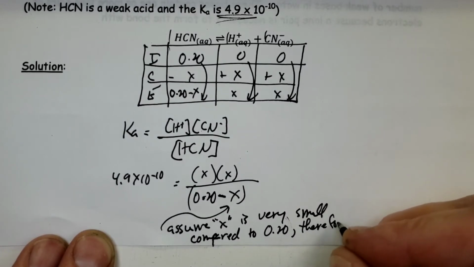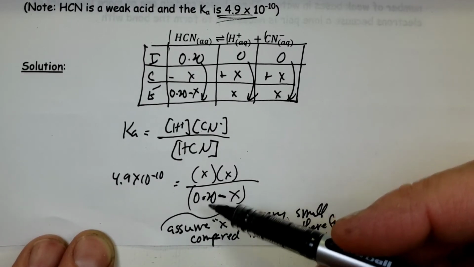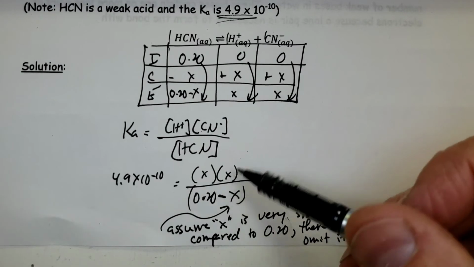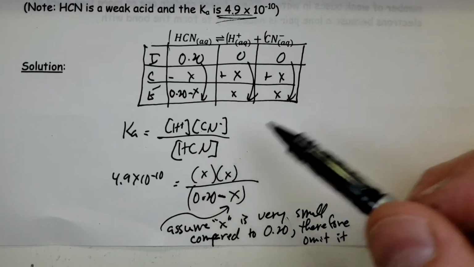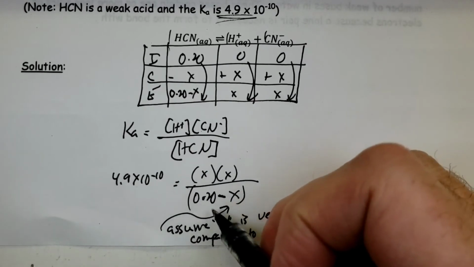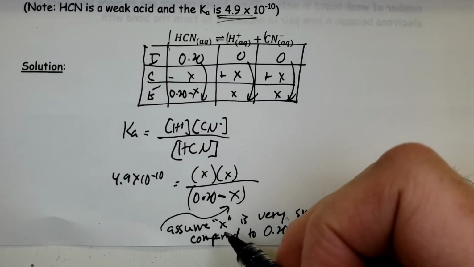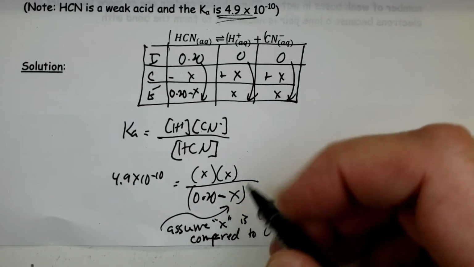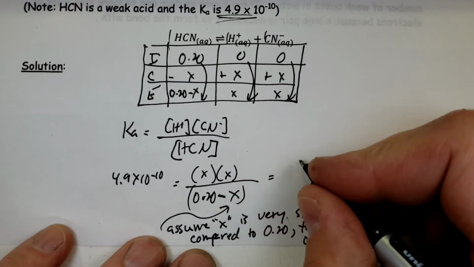Therefore, omit it. In our everyday life, 0.2 is a small number, but in terms of concentrations, 0.2 is a fairly big number here. So we can omit it. It'd be like saying $10,000 subtract a nickel. Well, that nickel's not going to make a big difference. So we can get rid of that X because 0.2 is really going to be the denominator.